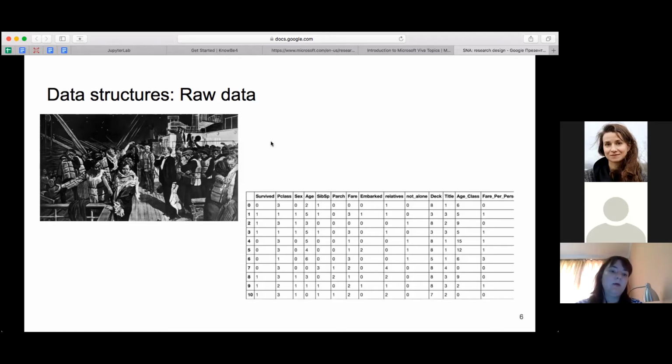Here I put one of the most famous machine learning data sets, Titanic, which describes people who were on the Titanic and who survived or not. For each of these individuals, each row corresponds. So all of us know how this data is recorded.